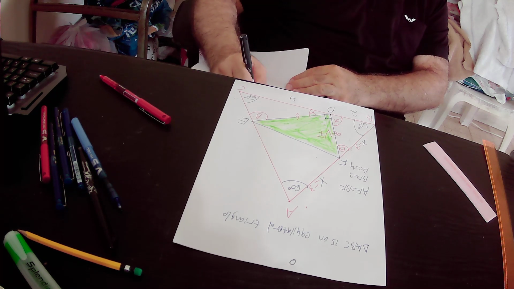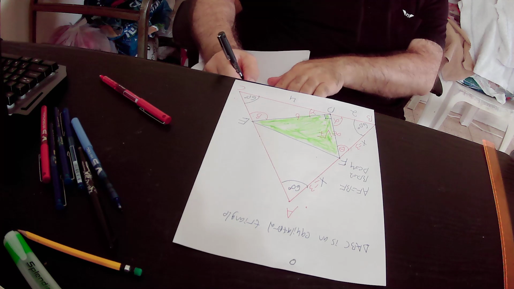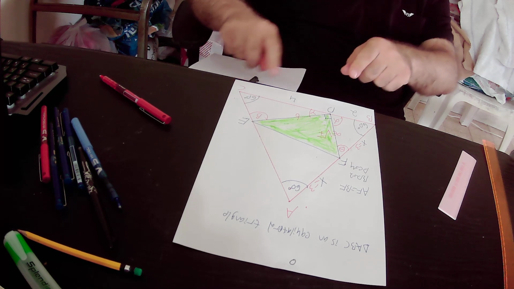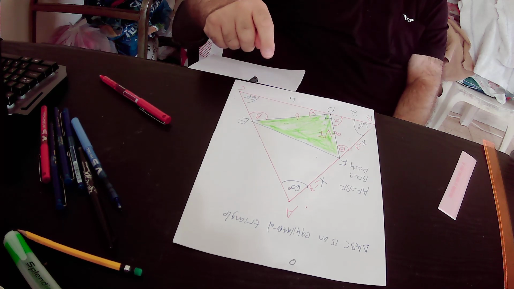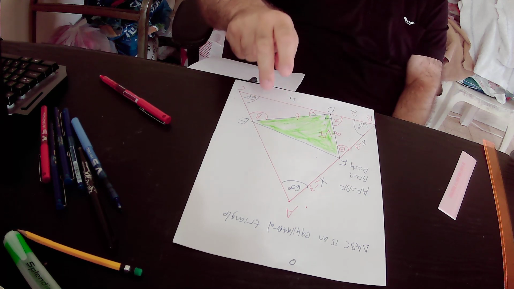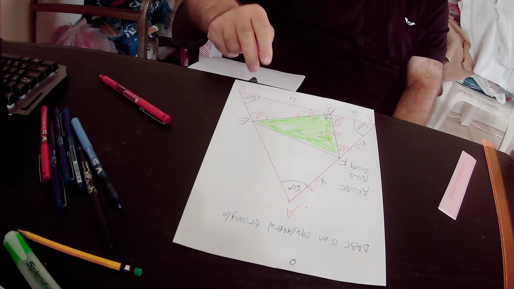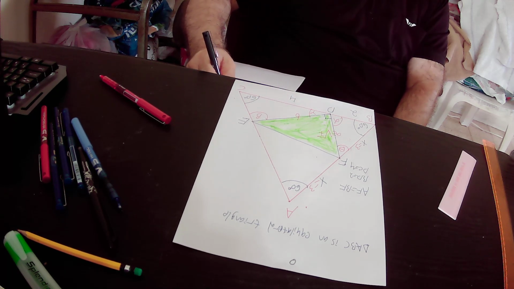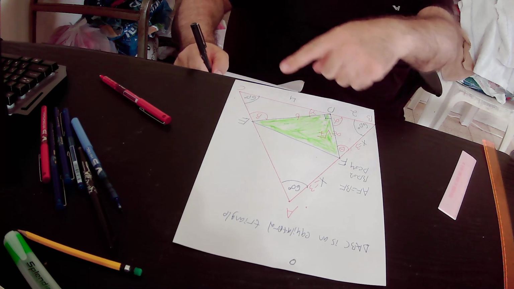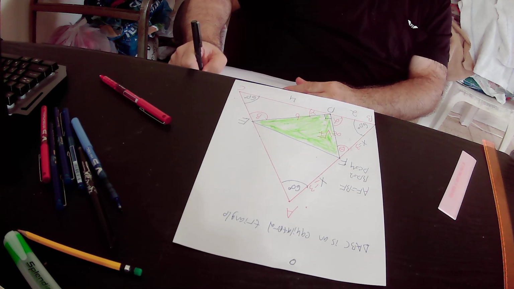In the small triangle DEC, according to the law of sines, DC over sin beta equals DE over sin 60 degrees.